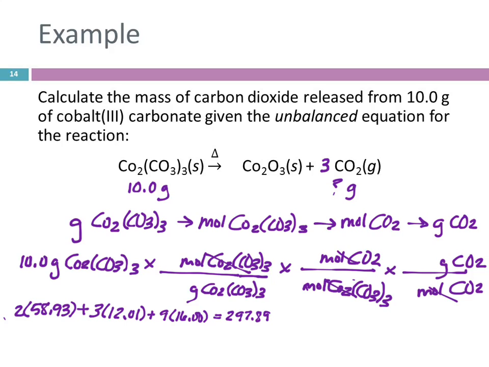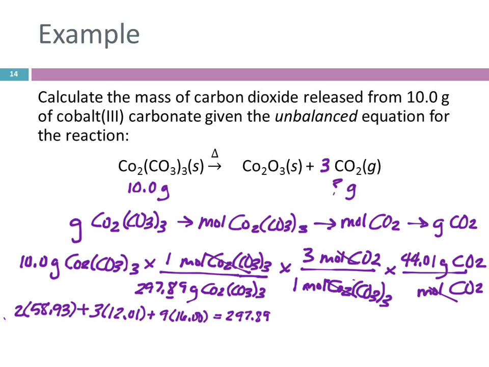So 1 mole of that cobalt carbonate weighs 297.89 grams. The mole ratio is going to be what? What goes with the CO2? 3. And what goes with the cobalt carbonate? 1. And then we need the molar mass of carbon dioxide.